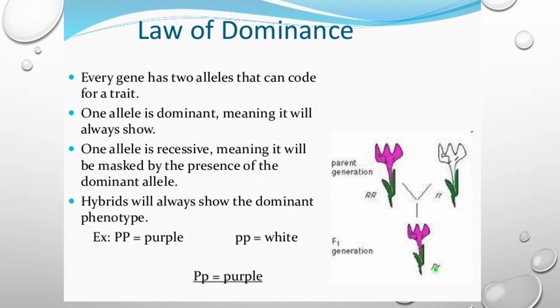So capital R is one allele, the other small r is the other allele. The capital R, which is the dominant allele, is expressed in the presence of the small r, which is the recessive allele. So hybrids will always show the dominant phenotype. What is phenotype?